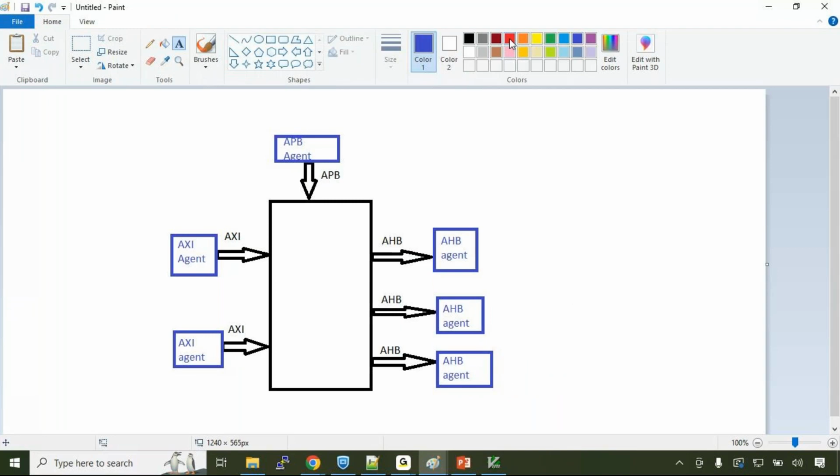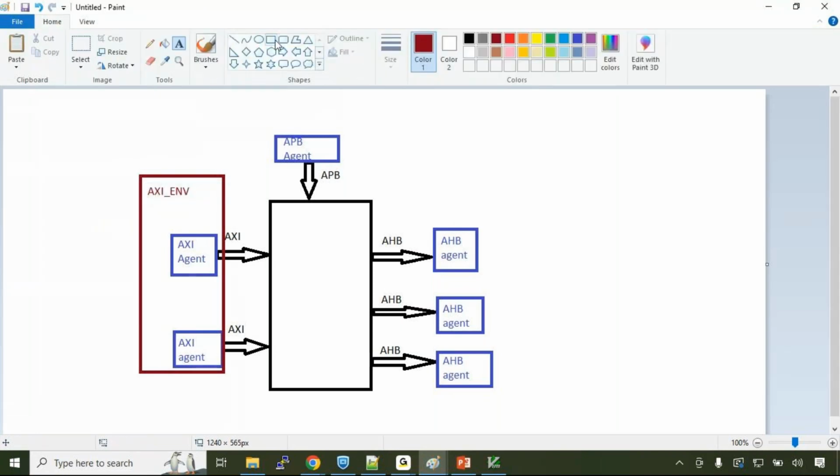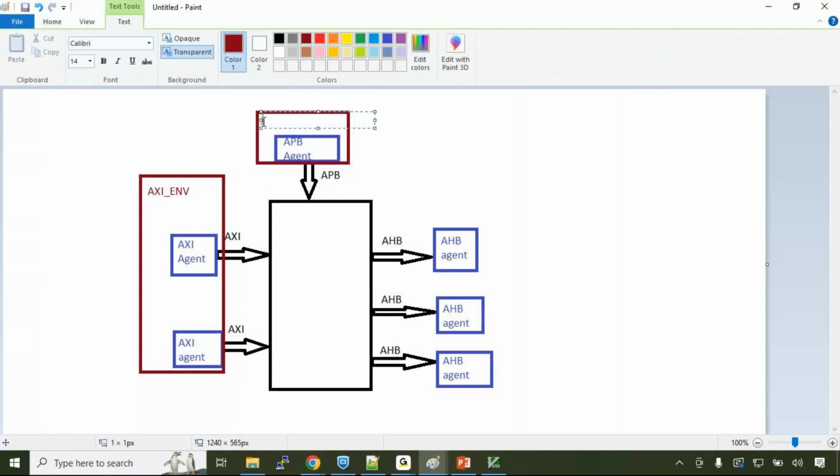Putting together these agents, I don't put all agents into one environment. I can do that if you want. That's not the problem. Generally, the practice would be to call this the AXI environment. For APB, I can directly use the agent itself because there is only one agent, or if I want, I can call it the APB environment.